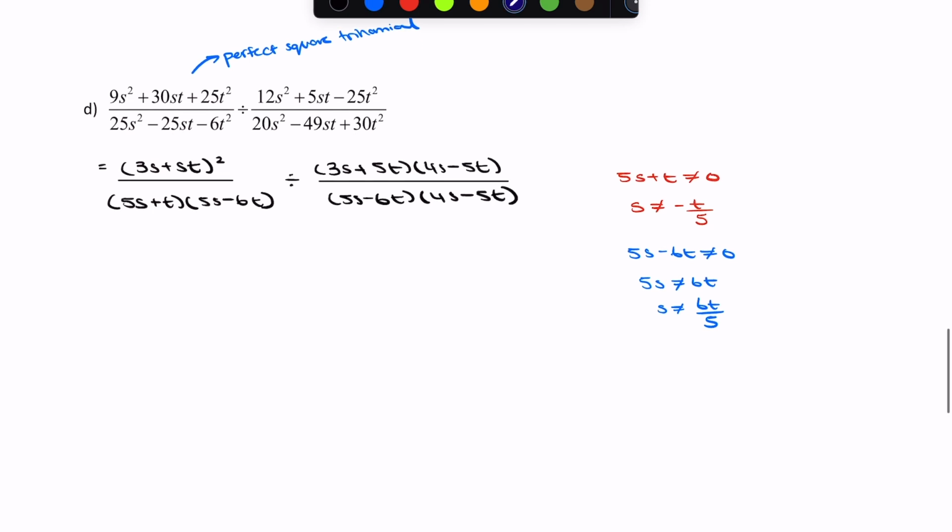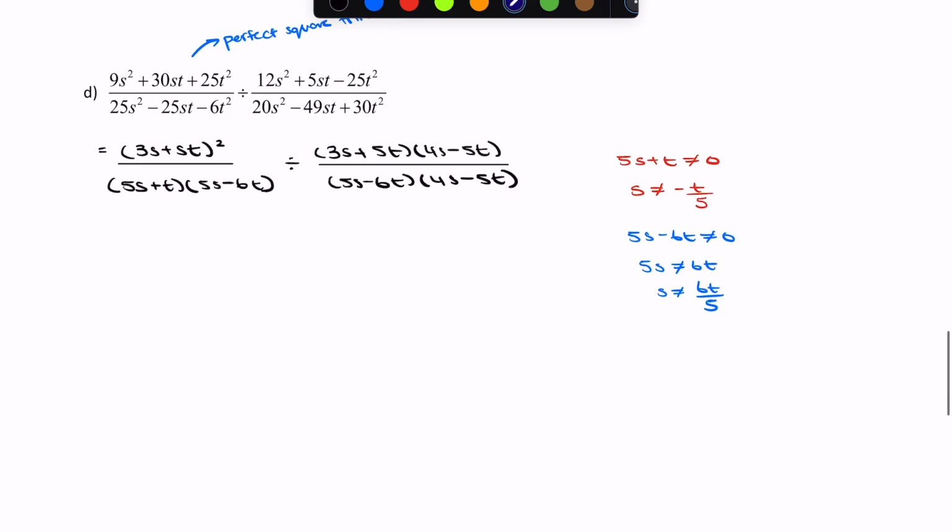Third here, we have 3s plus 5t, again, cannot be equal to 0. 3s cannot be equal to negative 5t, and s cannot be equal to negative 5t over 3.